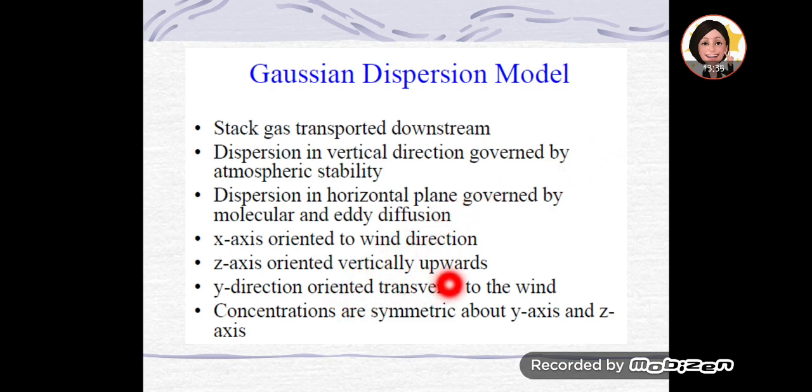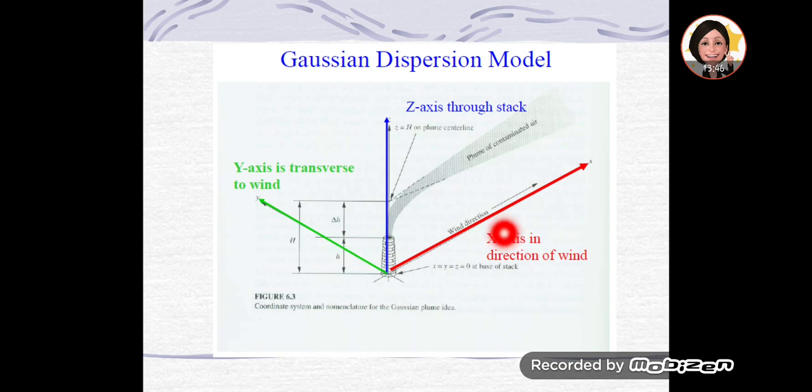Concentrations are symmetrical about the y-axis and z-axis. This is a graphical view of the axes, the basis of the Gaussian dispersion model. If we have a stack and there's an emission, it is going in this direction. That means the wind direction, which is the x-axis, is here.